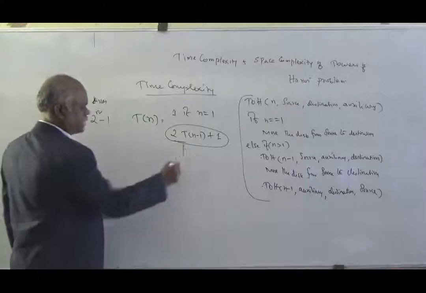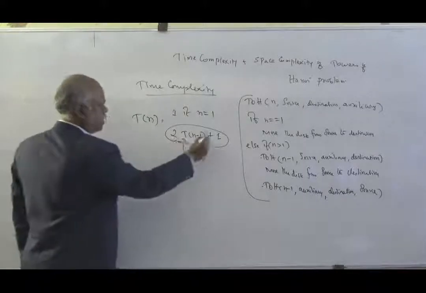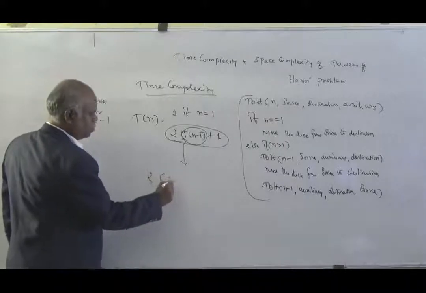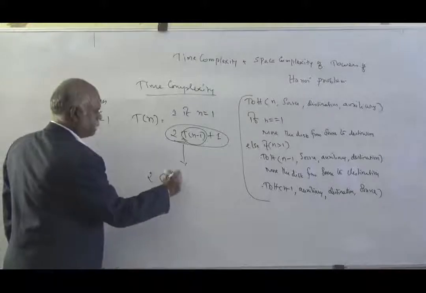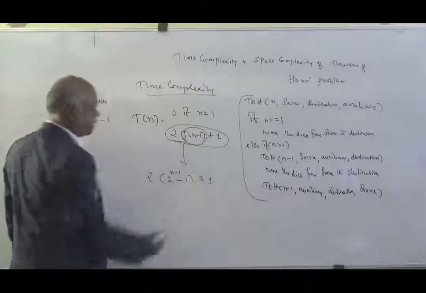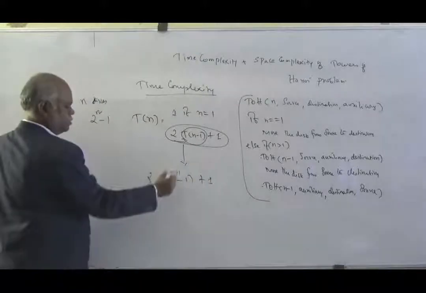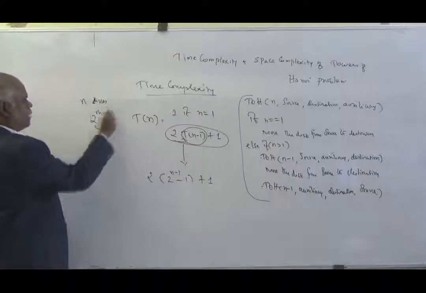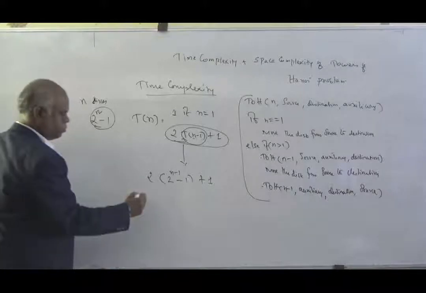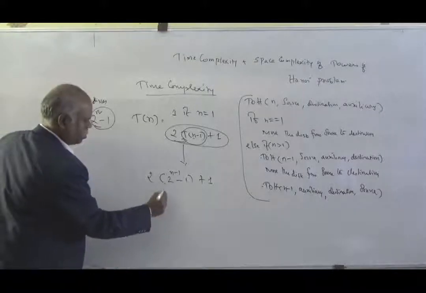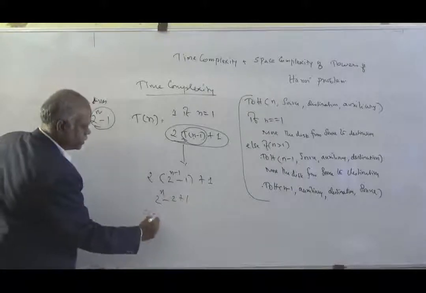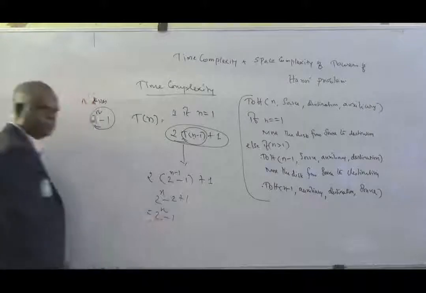So for this case, how many steps are required for T of n minus 1? 2 into (2 to the power of n minus 1, minus 1), plus 1 actually. This is due to the formula 2 to the power of n minus 1. So here n minus 1 disks are there, giving 2 to the power of n minus 1, minus 1. So what is the value now? 2 to the power of n, when you multiply, minus 2 plus 1, is equal to 2 to the power of n minus 1.